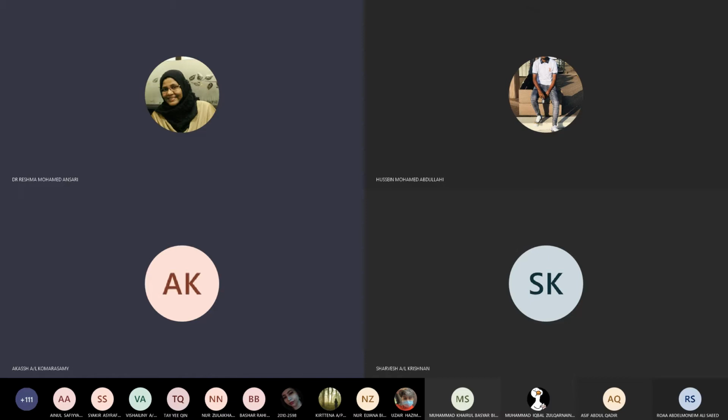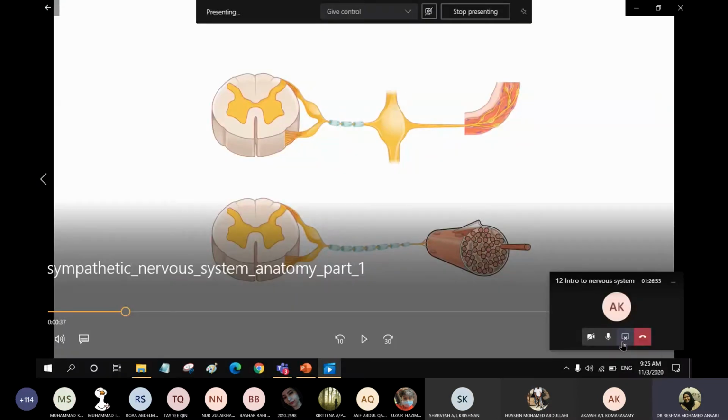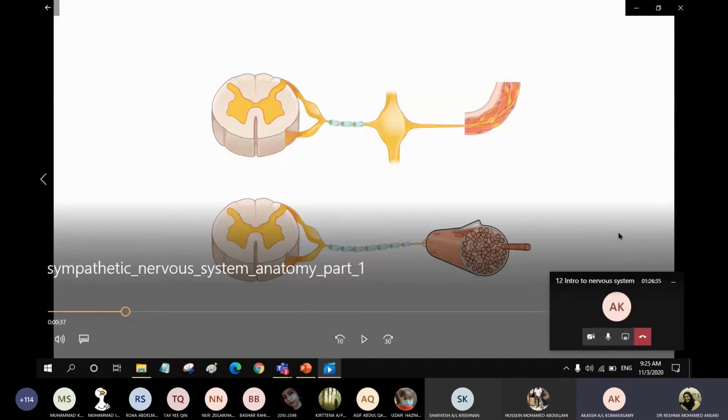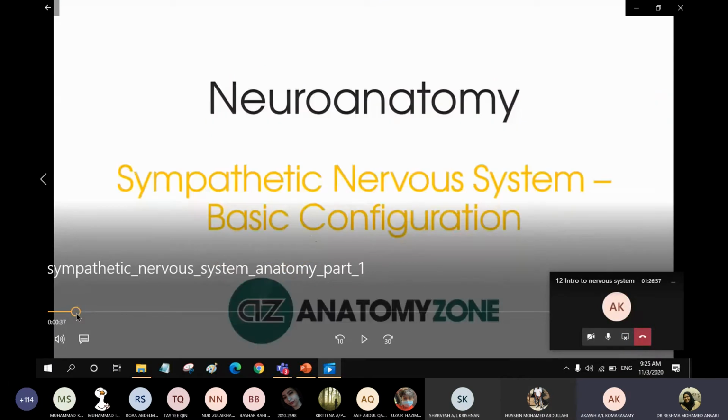So try clicking the one where the YouTube tab is on. I have downloaded the video, so I will try sharing. It comes to the desktop. Now it's working. Now it's showing the whole computer.